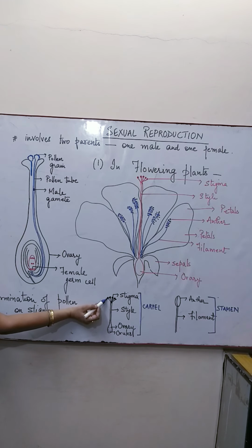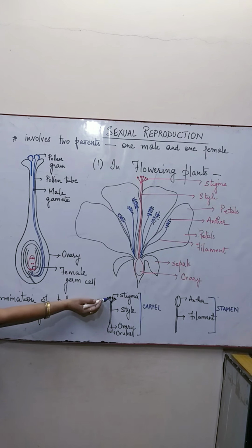The stigma and ovary are connected with the help of a structure known as the style, and it is through this style that the pollen tube will pass. The stigma, style and ovary together are known as the female reproductive part, or we also call them the carpel.